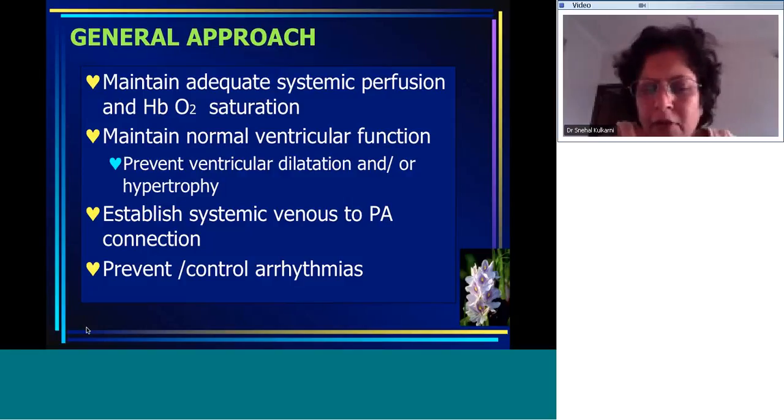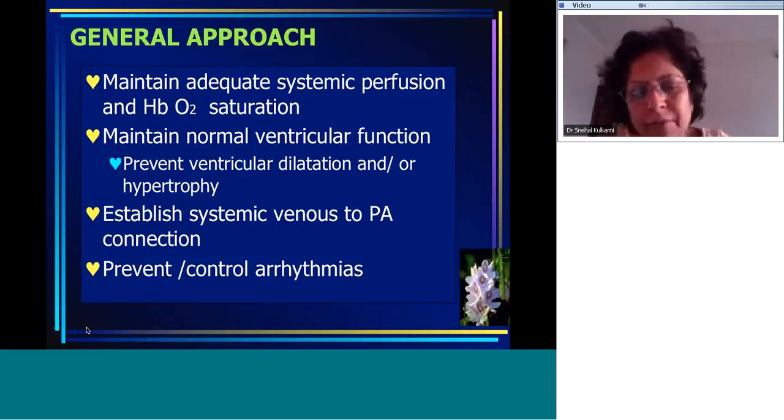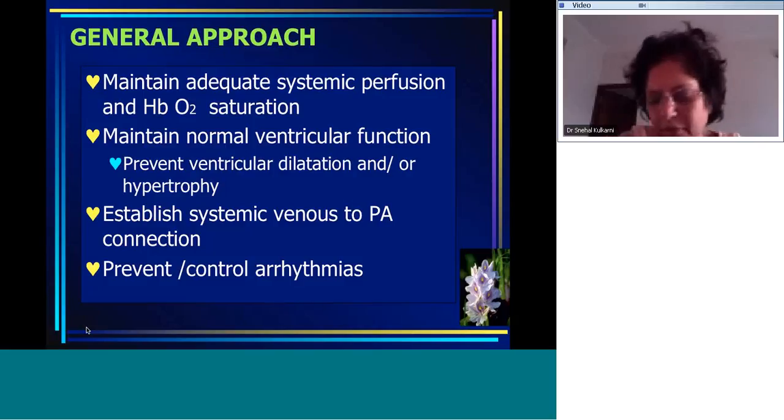And any time you develop atrial arrhythmias, you lose the atrial contribution to the ventricular filling, and that will reduce or hamper your cardiac output significantly. So these are the parameters we have to keep in mind, and they will help us in proper decision making at a particular period of time.